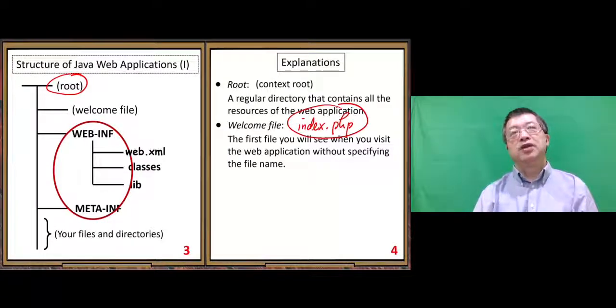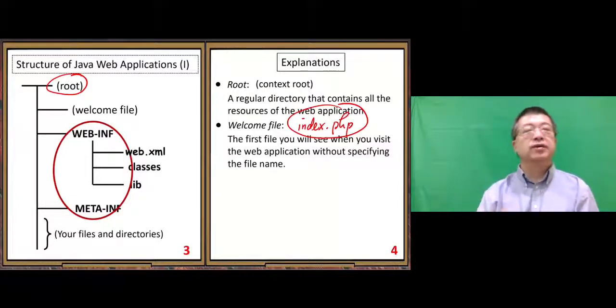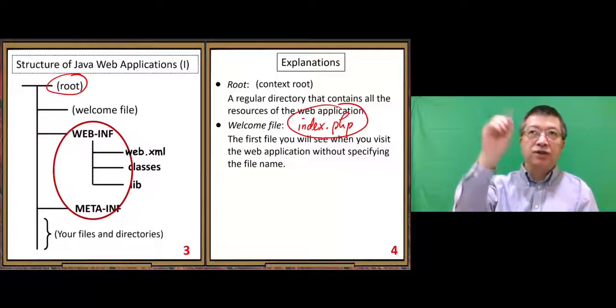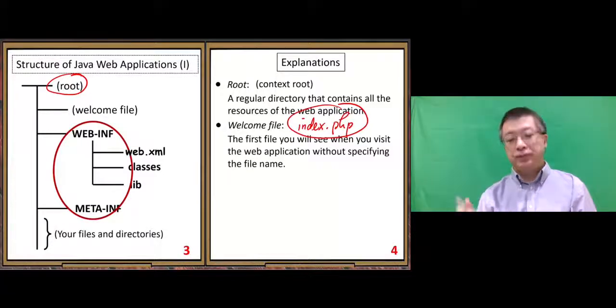You can put all the information you want your users to see in this file on the first page. Then for the remaining pages, the users will use the hyperlinks to access them.